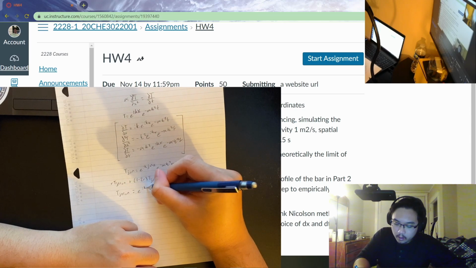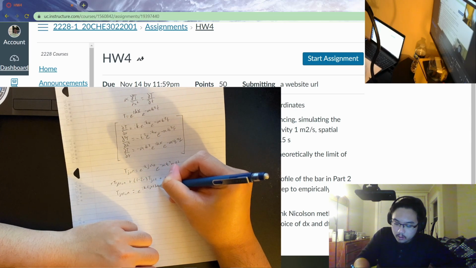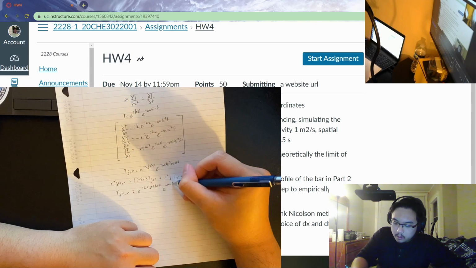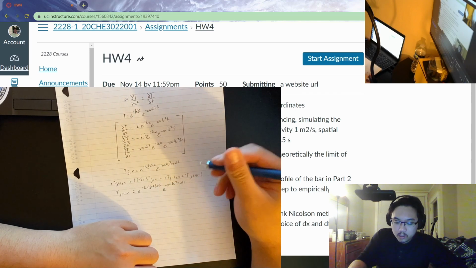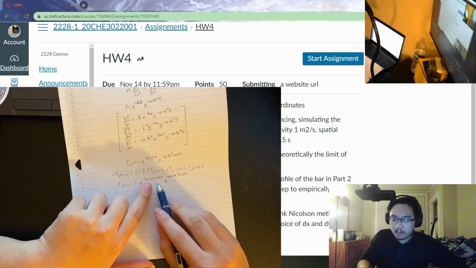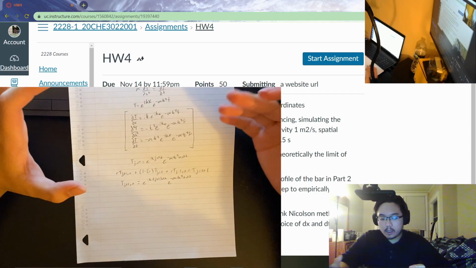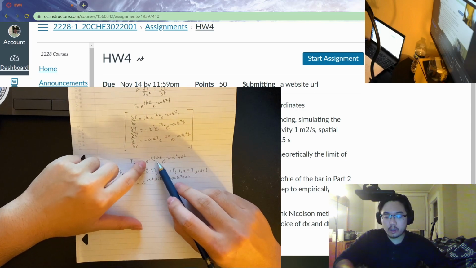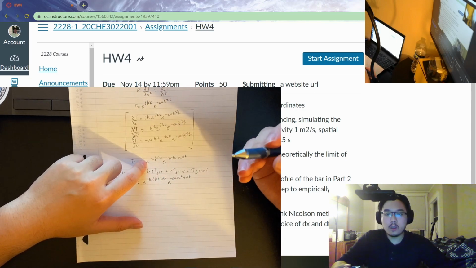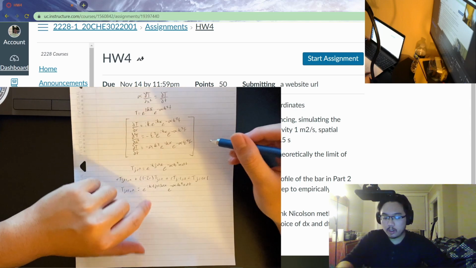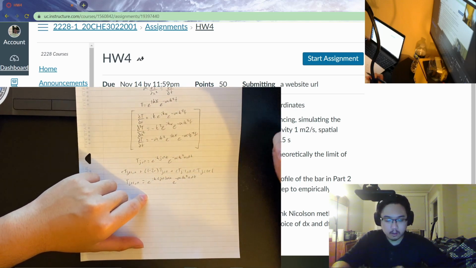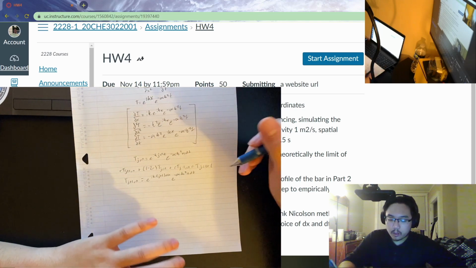So we get i k (j+1) delta x, and the second term does not get adjusted. Saying j plus 1 inside an exponential is saying that this original exponential is being multiplied by another exponential of the same terms, those terms being i k delta x, thus the plus 1.